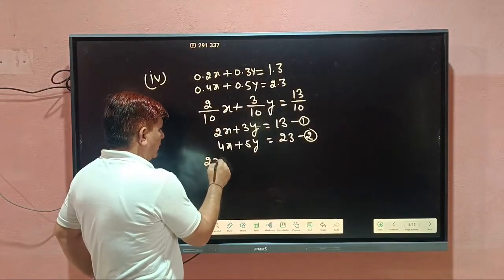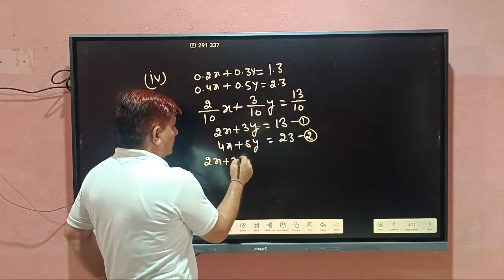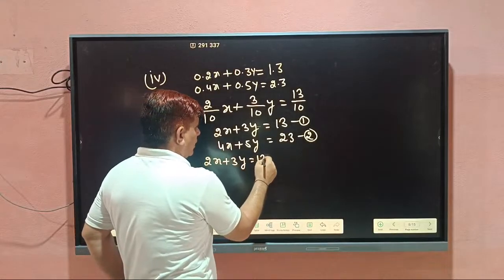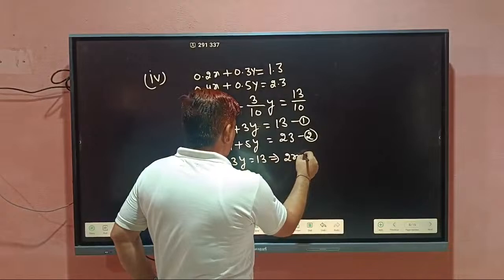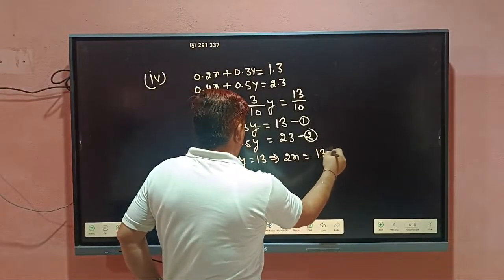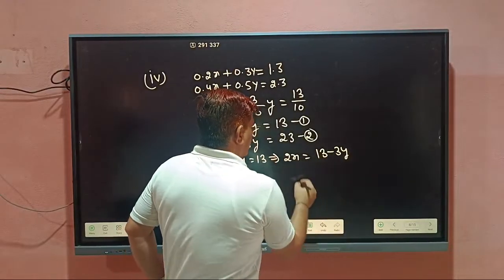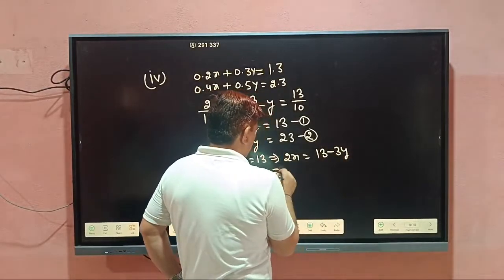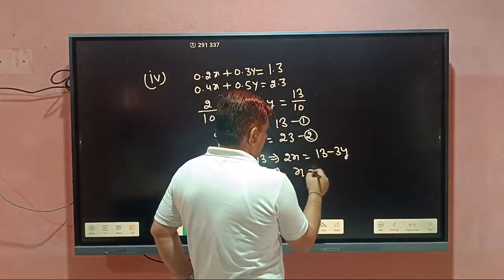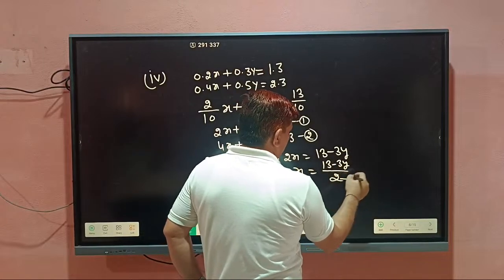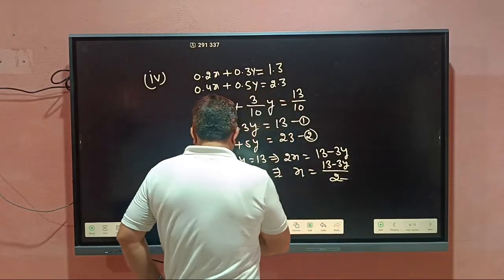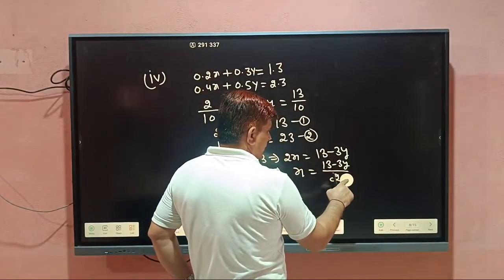So 2x plus 3y equal to 13 from equation number 1. This implies 2x is equal to 13 minus 3y, and this implies x is equal to 13 minus 3y by 2.